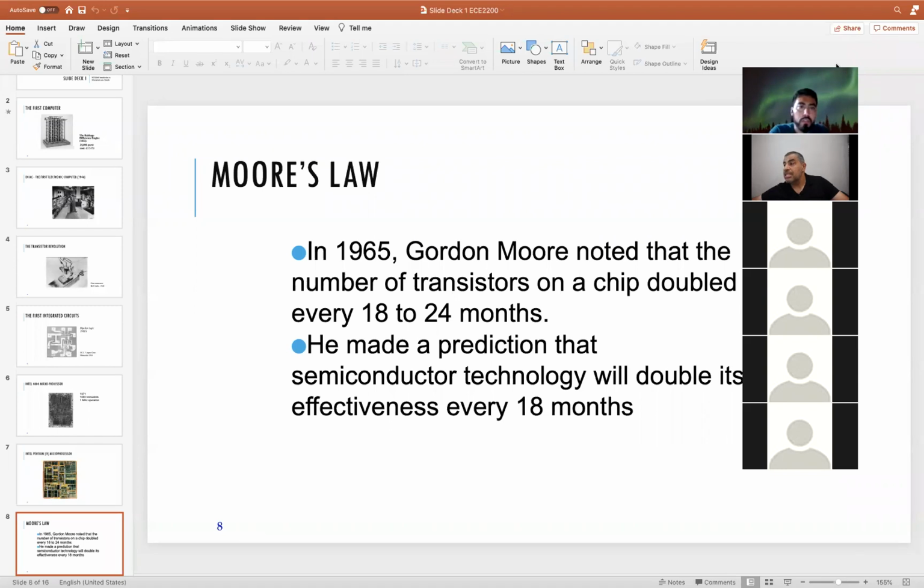So it's kind of like the COVID spread or something like that. These are exponential growths. It really takes off, and it's just amazing going from a few devices to doubling every 18 months.